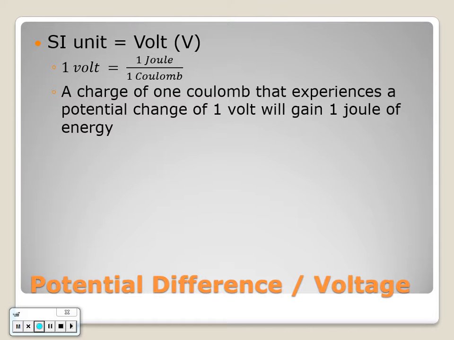Mathematically, we measure the voltage in a unit called the volt. That's pretty convenient. All right? So we talk about it in 1 joule per 1 coulomb. So we talk about it in energy per charge. Does that make sense? Energy is measured in joules. Charge is measured in coulombs. So we're talking about changing the energy of a charge.